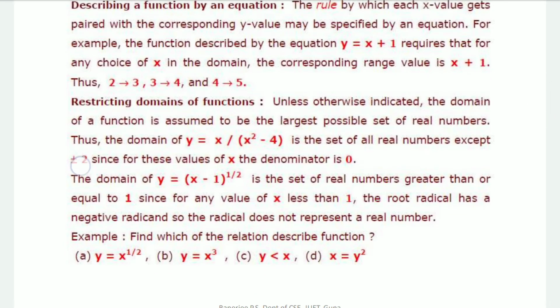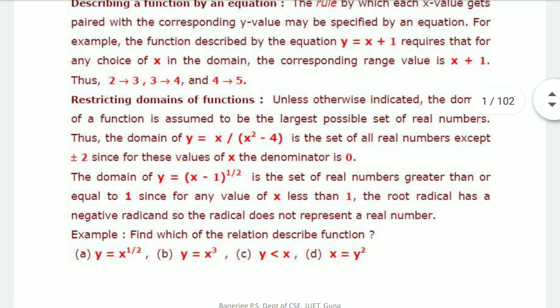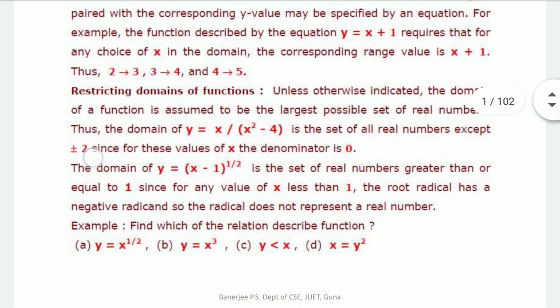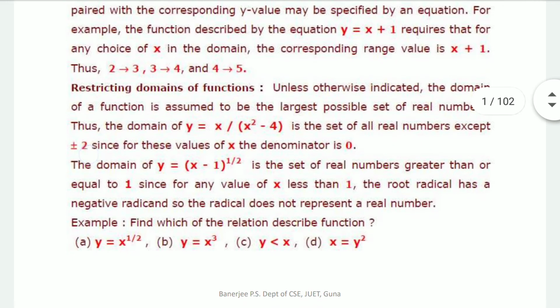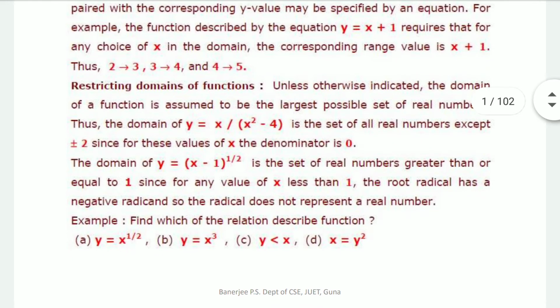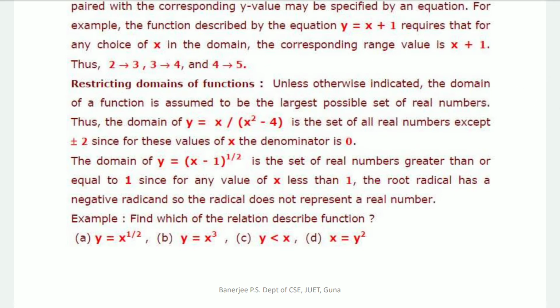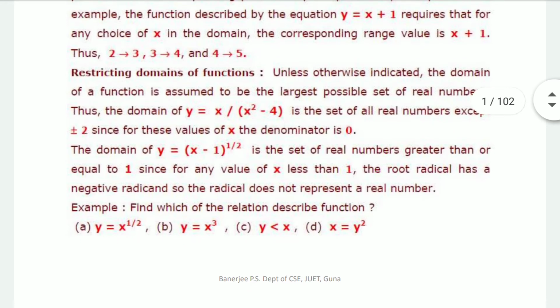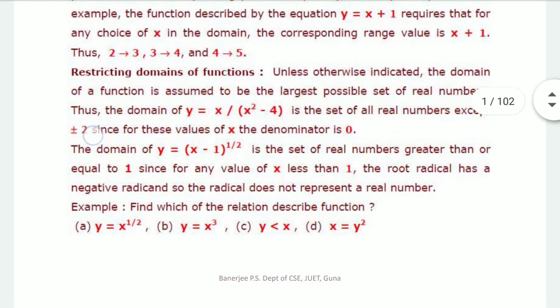No, except for plus or minus 2. Why? Because if we put in either of these two values, plus 2 or minus 2, then the denominator becomes 0 and it becomes undefined. So for this rule, we have a constraint. The constraint is that we cannot use this value.